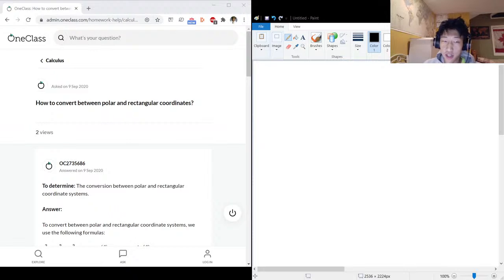Rectangular coordinates, we are normally pretty familiar with them, like our xy. I'll draw out something like that to show it. So this would be the y-axis. Perpendicular to that, we'll have our x-axis.